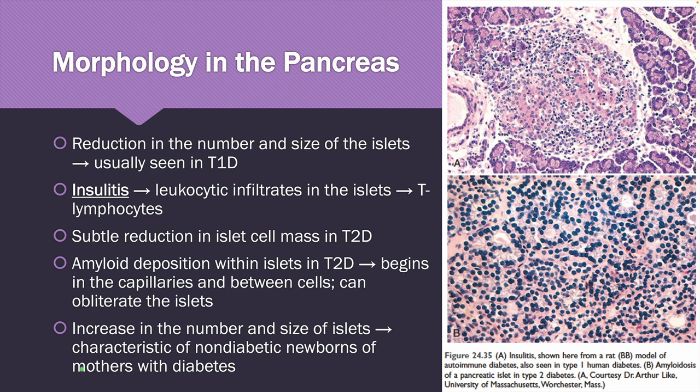Based on this finding, one of the suggested mechanisms for treatment would be pancreatic transplantation to normalize your beta islet cells, but it's still something to be studied.